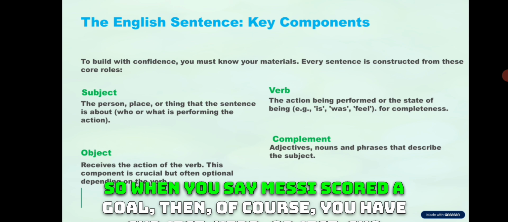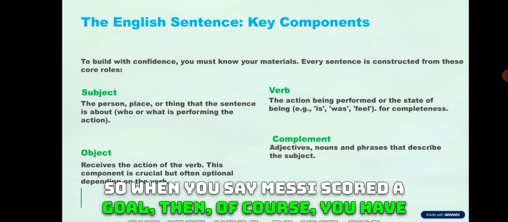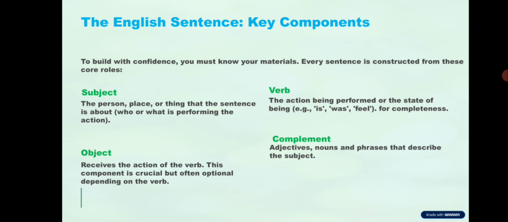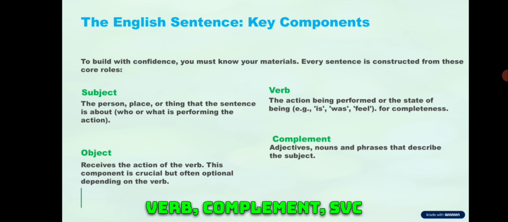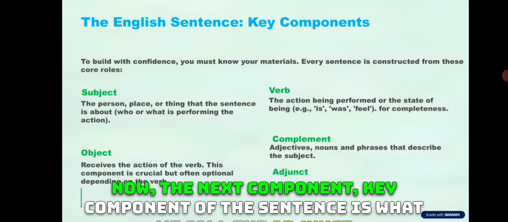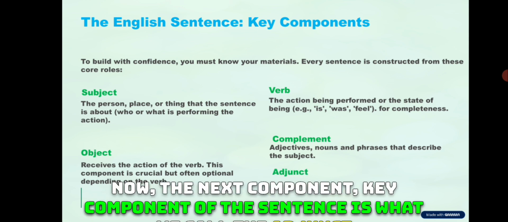So when you say Messi scored a goal, then of course you have subject, verb, object, SVO. But when you say Messi is a footballer, in terms of complement now, then you have subject, verb, complement, SVC.